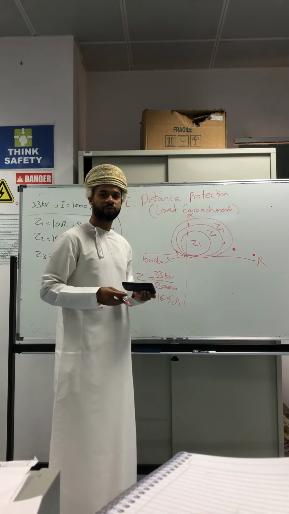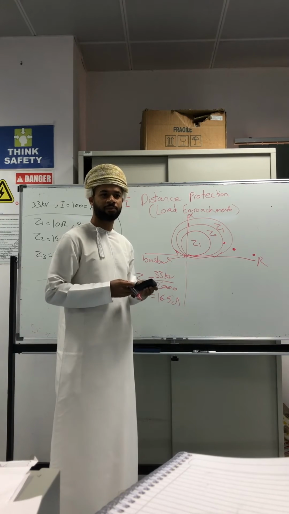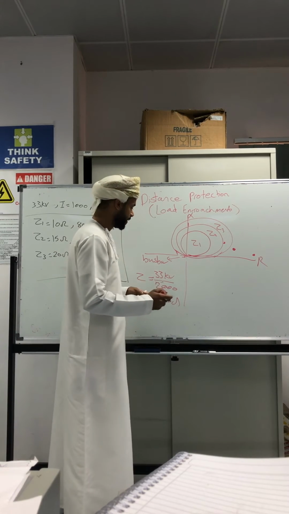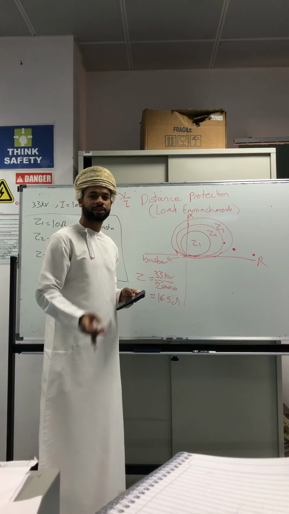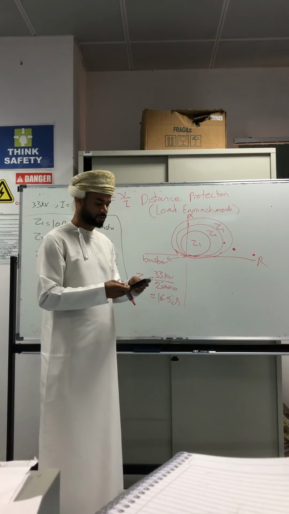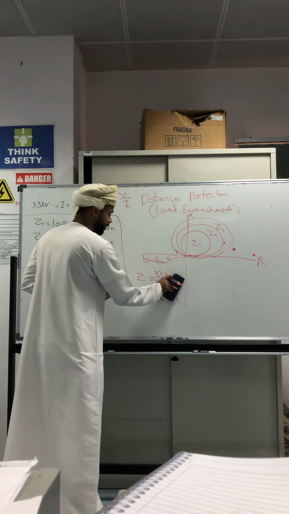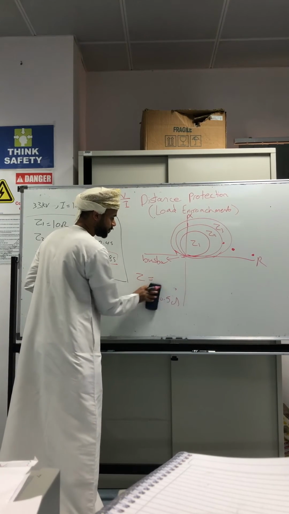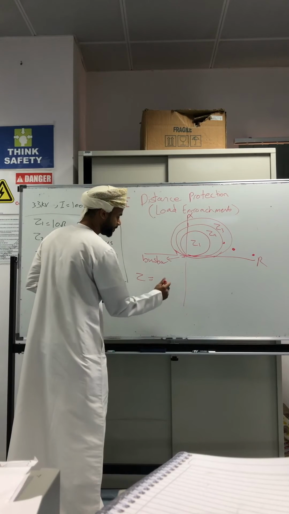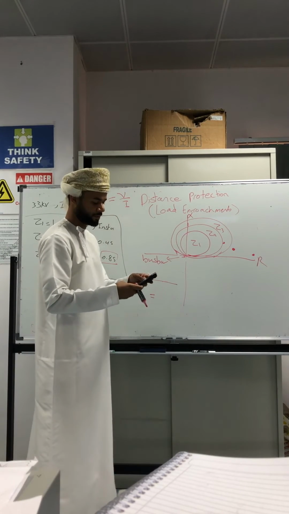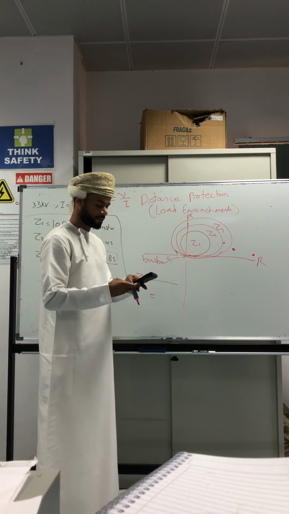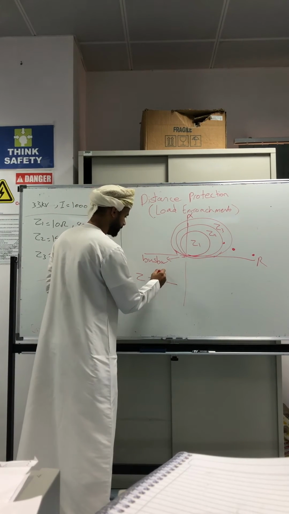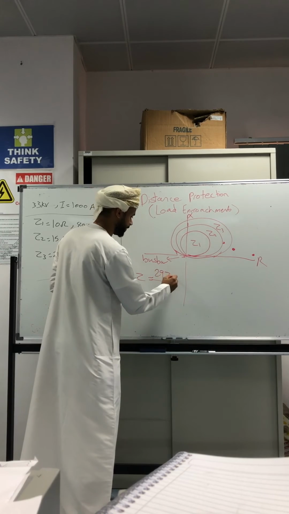Now let's see case 2, during heavy load with some drop in the voltage. Now assume the maximum load current increases 50% and we get some voltage drop of, let's say, 10%. Let's calculate the impedance when we get some voltage drop. 33 kV multiplied by 90% will be equal to 29,700.